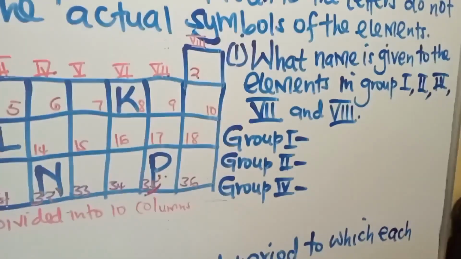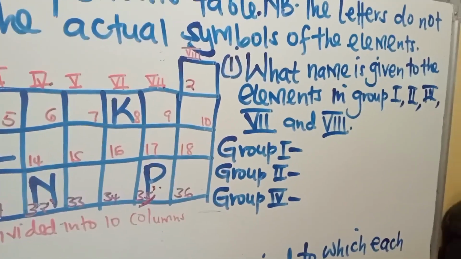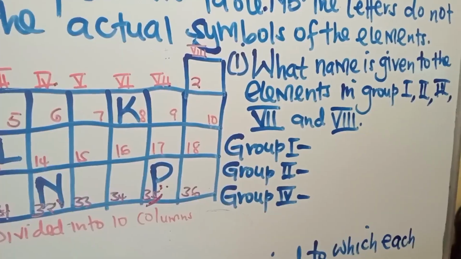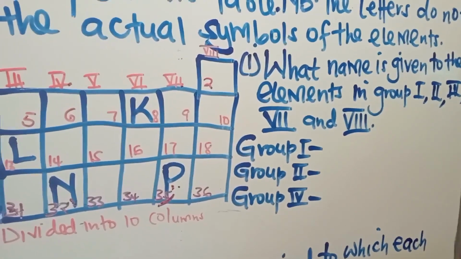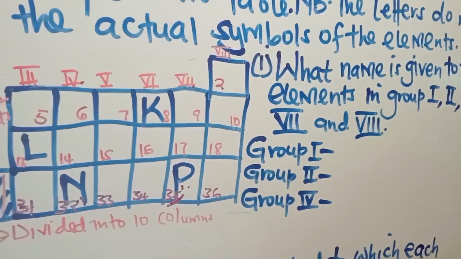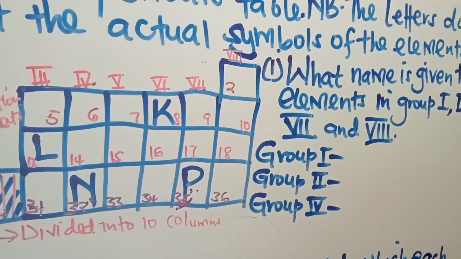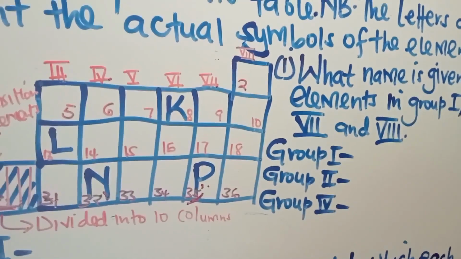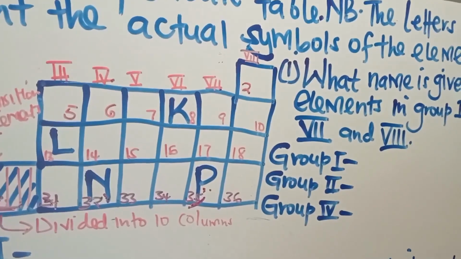What name is given to the elements in group 1, 2, 4, 7, and 8? So what is that name that is given to those elements? Here is the answer.